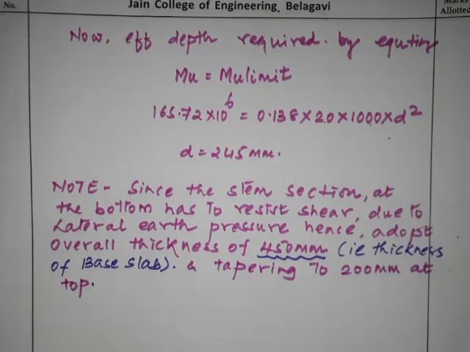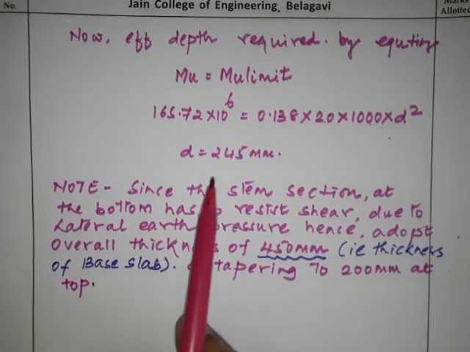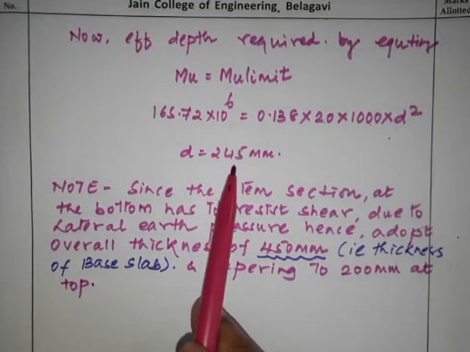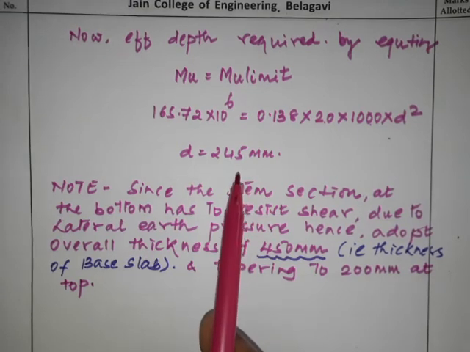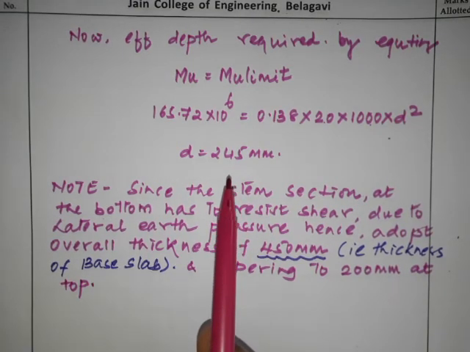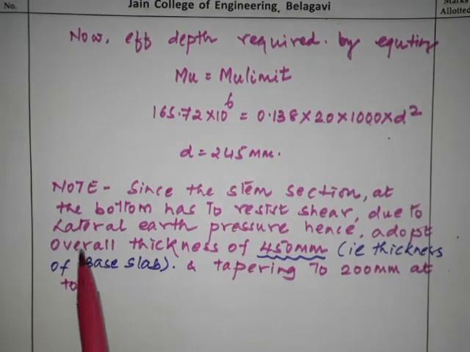Understood? So this is very important. So the depth we have got as per the bending moment criteria is 245 mm, but for shear criteria you have to increase the depth.